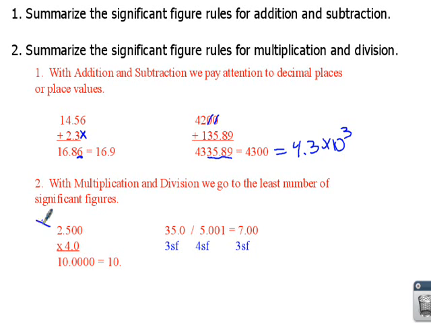So we have to look at the values we're multiplying and dividing, and figure out how many sig figs they have. This first value, 2.500, has 4 significant figures, while the second value, 4.0, has 2 significant figures. So for our answer, we only want to show the first 2 good significant figures.